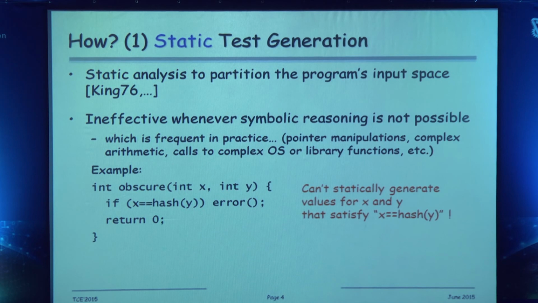We don't have access to the code of hash, or maybe it's a million lines of code. It's very complicated, and we do not know exactly its behavior. In test generation, the goal is to provide a pair of values for x and y such that it is guaranteed that it goes there or there. In a program like this, since we do not know anything about hash, static test generation is not possible.